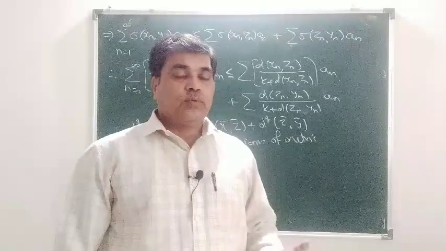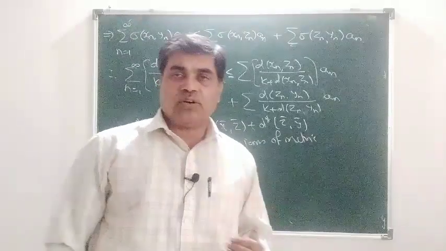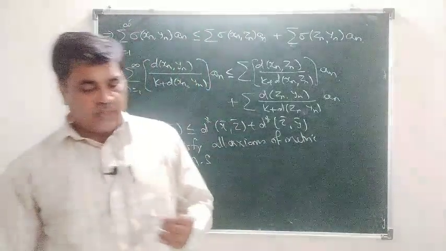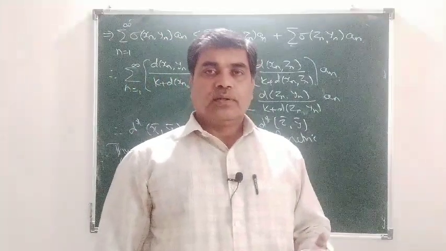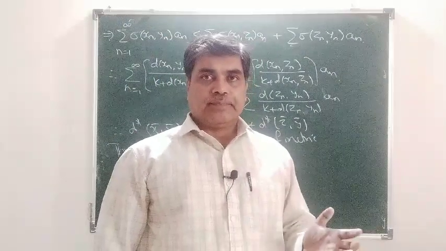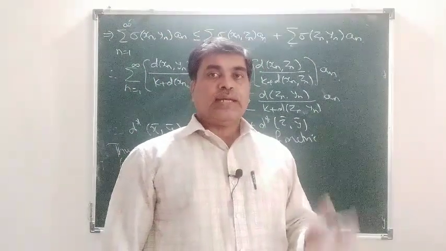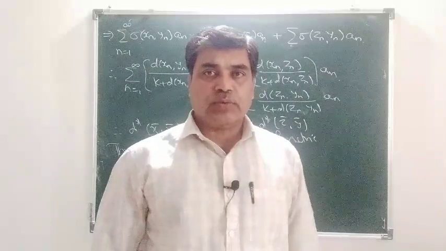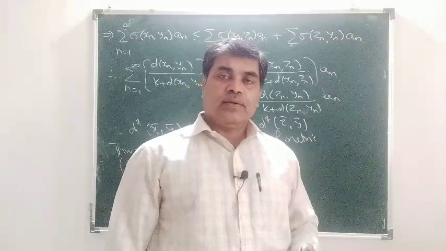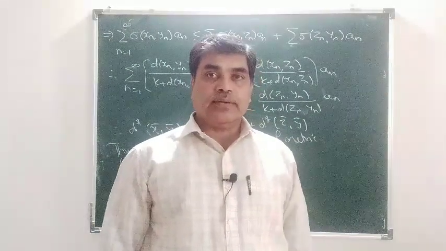We know that the geometric series summation of a raised to i, i equal to 0 to infinity, converges to 1 upon 1 minus a, where 0 is less than a less than 1.